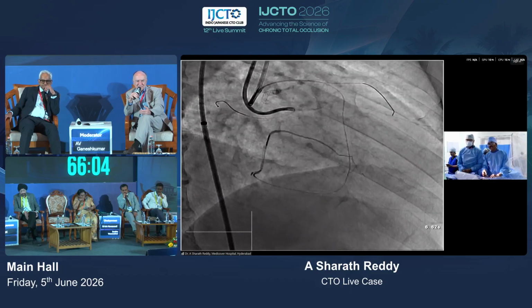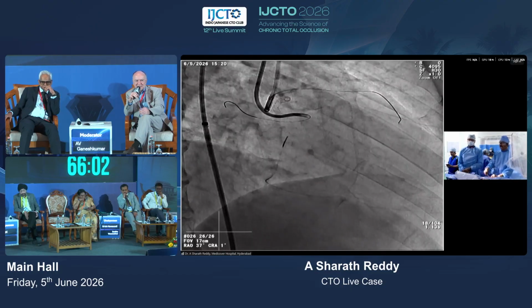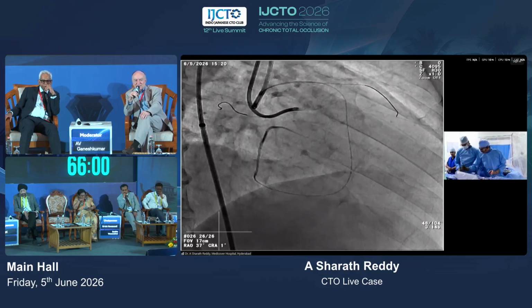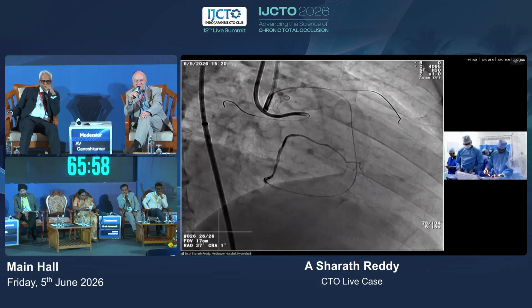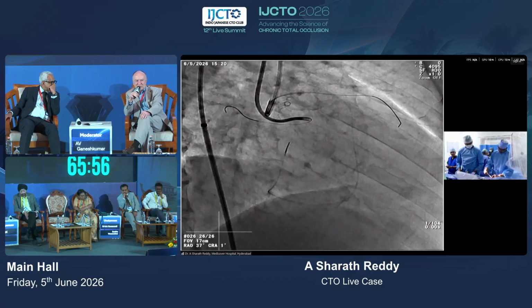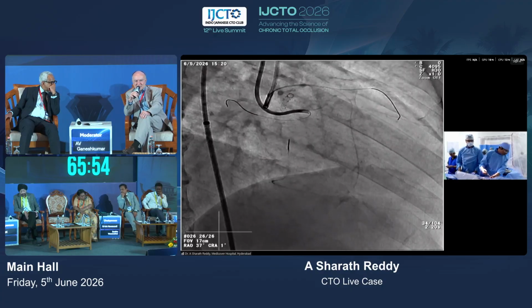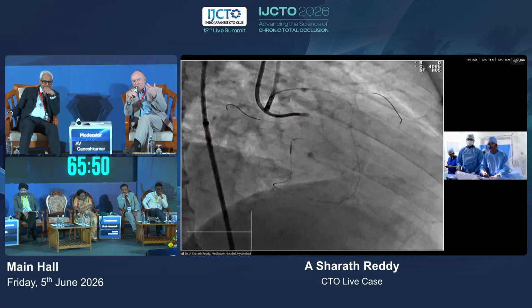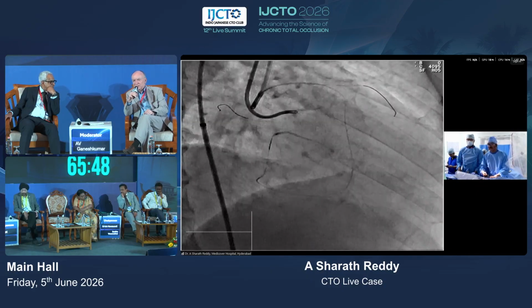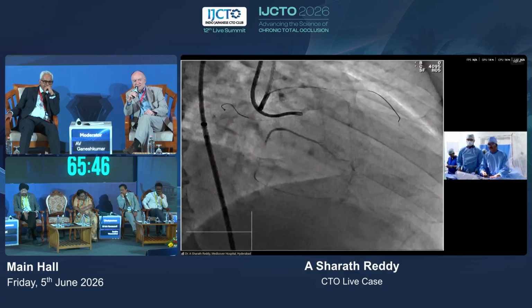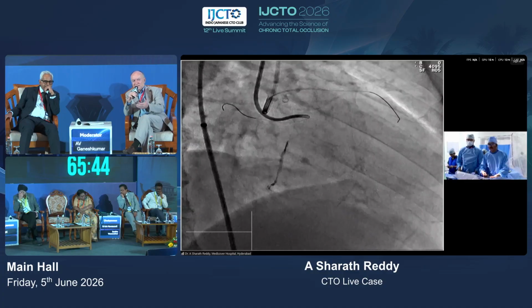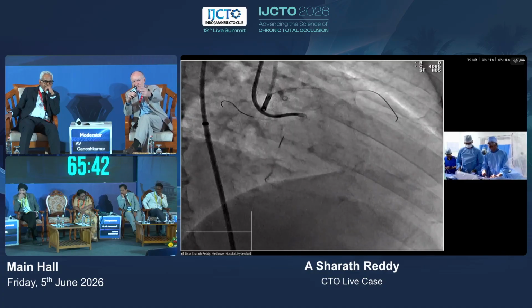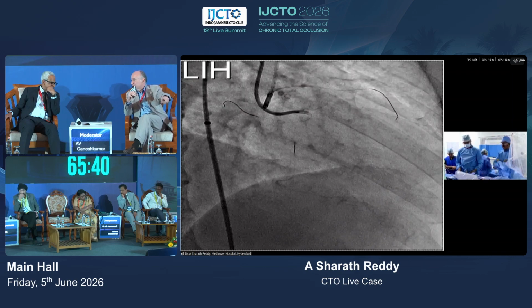So you can see it's again an ambiguous distal cap. It's not trivial because here you can get out as well, and I think you need to puncture. And from retrograde, I would always prefer a Gaia 3, because you lose the power of the wire because of the long course of the microcatheter through the heart.